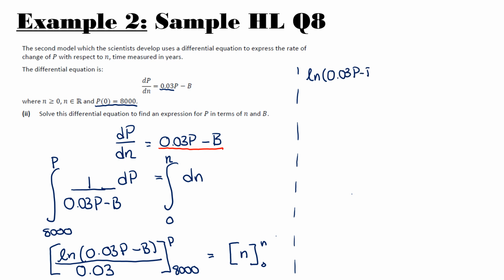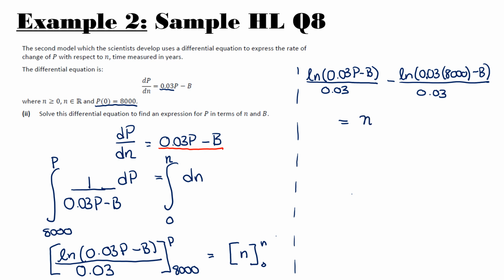(0.03p minus b), that's all over 0.03, minus ln (0.03 times 8,000 minus b), all over 0.03, and that's all going to equal n minus 0, which is just n.